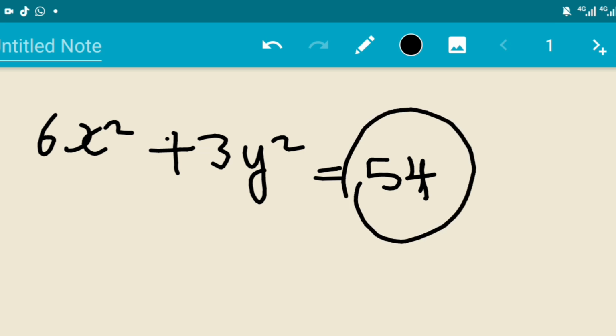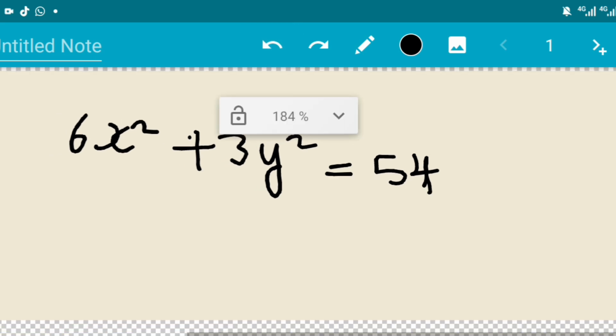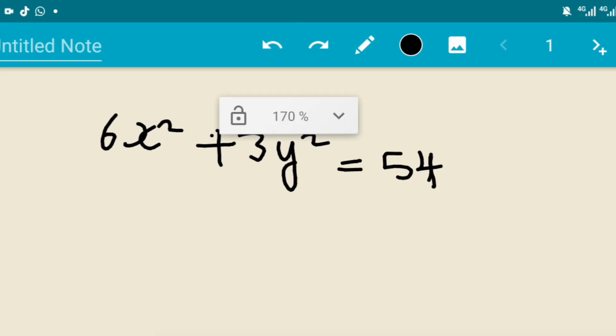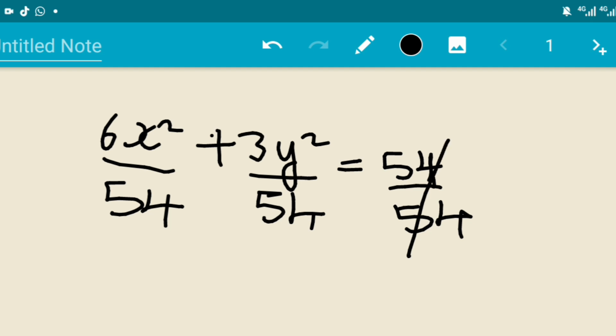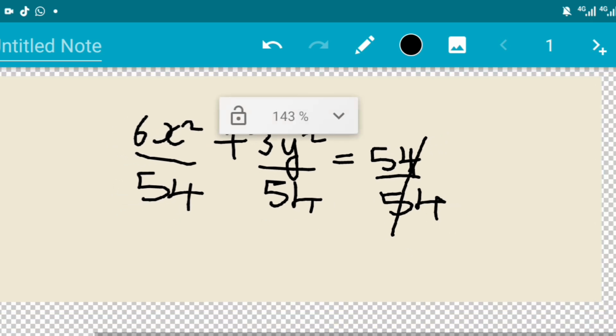So how can you have a 1? We can just divide both sides by 54, so that when this cancels out, it will become a 1.